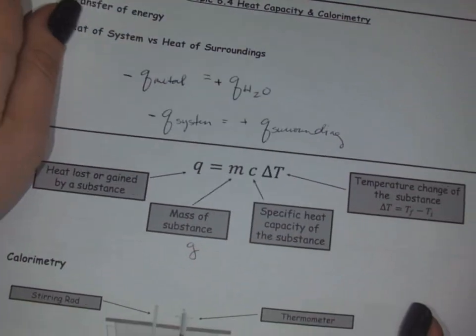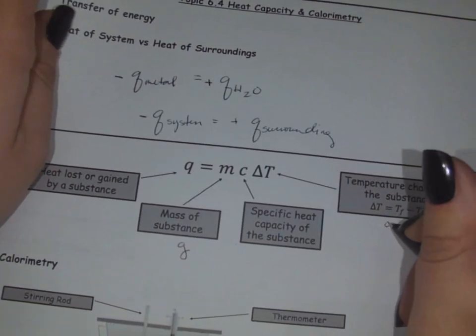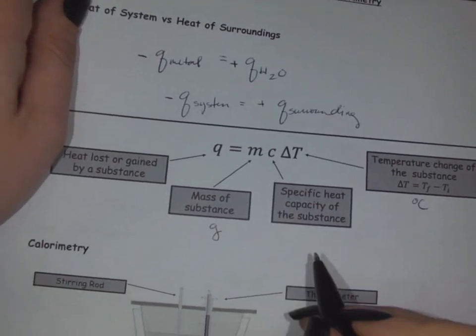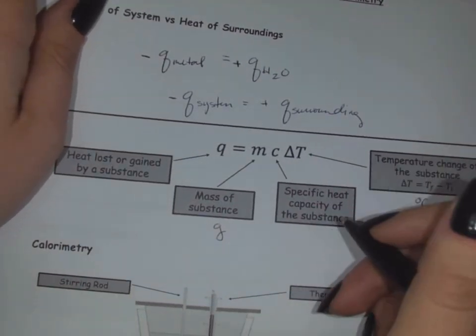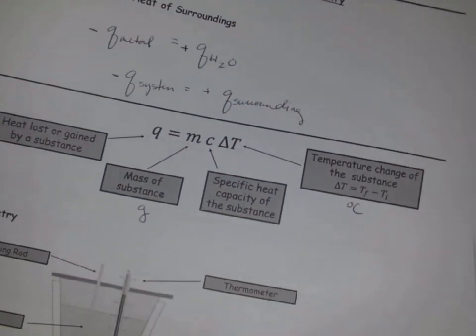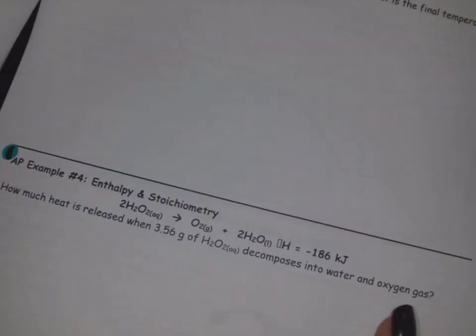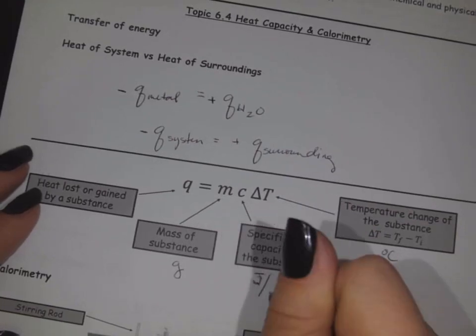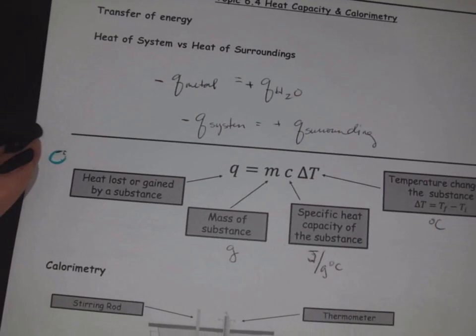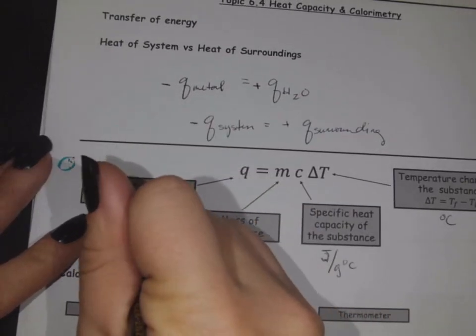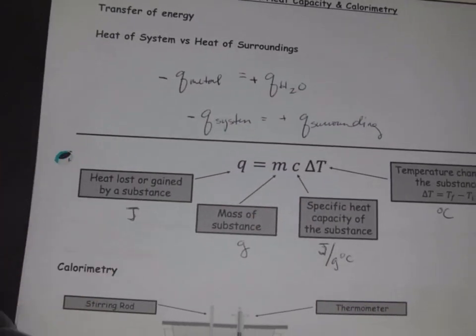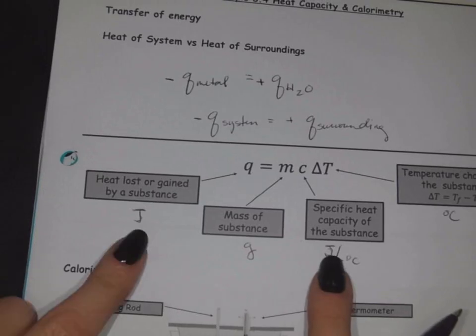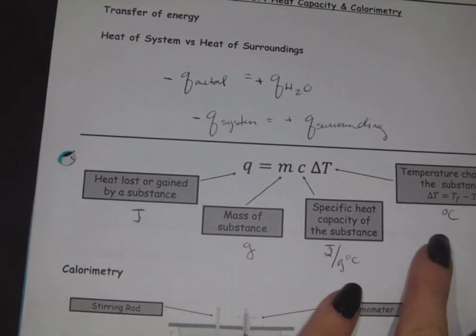So we're going to have temperature in degrees Celsius, the specific heat capacity in joules per gram degree Celsius for your units, and then you're going to be left with final energy in joules, not kilojoules. So see, joules, grams, and Celsius.